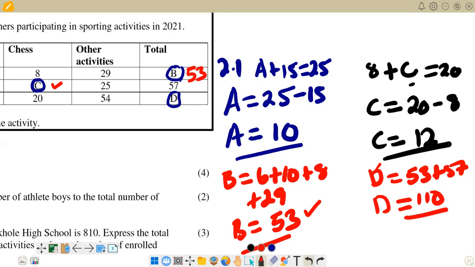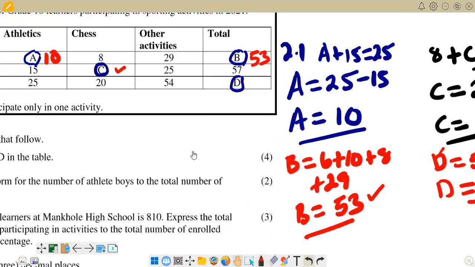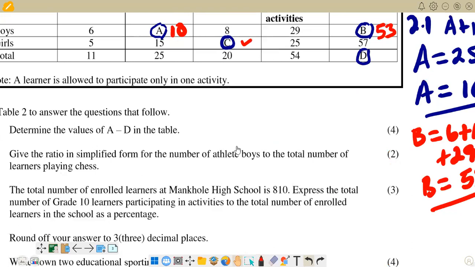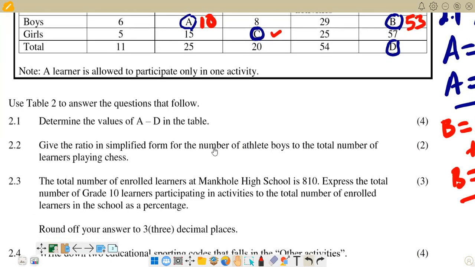So we go to the next question. If you go to the next question, you'll see that it reads, give the ratio in simplified form for the number of athlete boys to the total number of learners playing chess.